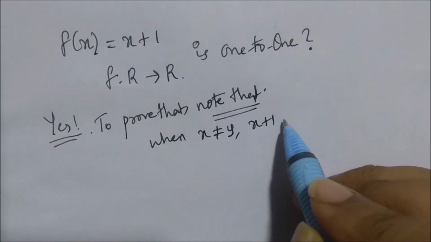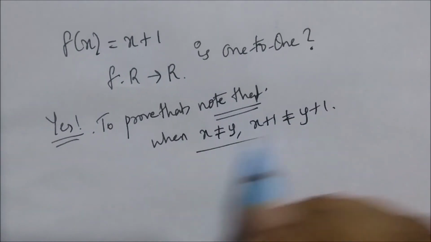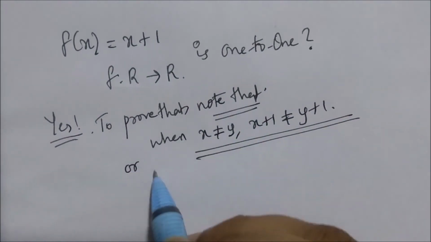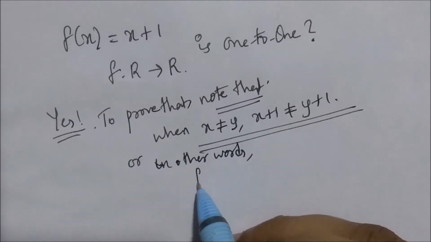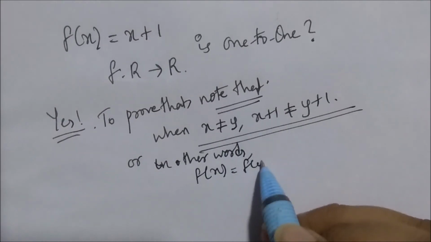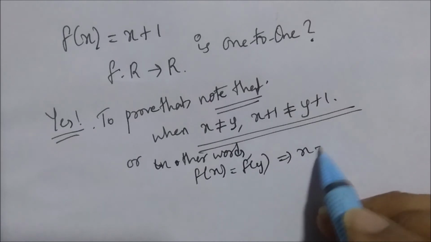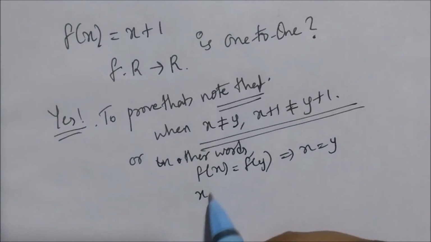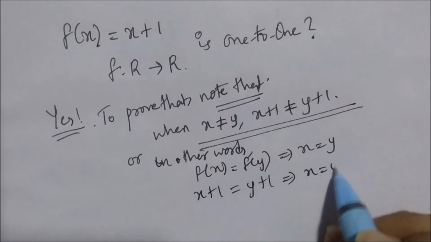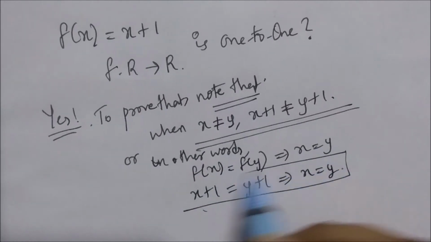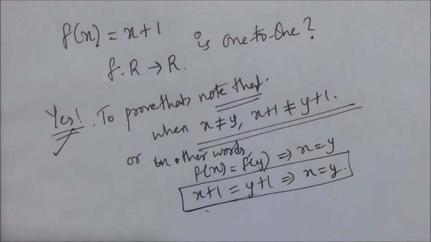In other words, we want to prove that f of x equal to f of y implies that x equal to y, right? So that's what we want to prove. Now f of x is x plus 1, f of y is y plus 1. Now x plus 1 equal to y plus 1 implies that x equal to y. And that's how we prove that f of x equal to x plus 1, where f is a function from set of real numbers to real numbers, is a one-to-one function.